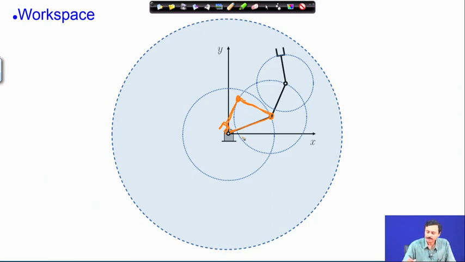So that of course will depend on these link lengths. So, these link lengths L1, L2, L3, the way I have drawn you can reach, but if L2 and L3 are short, then there might be some regions that are left out.